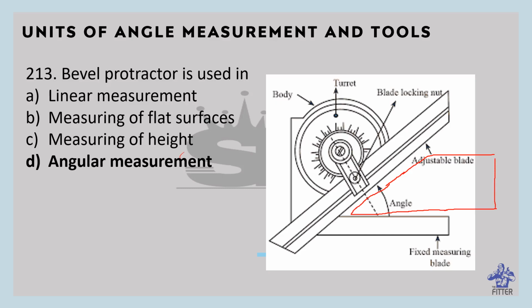This is the object. So by using this, we can get the angle of the object. It ranges from 0 to 180 degrees. And it is also known as plane protractor or engineer's protractor.